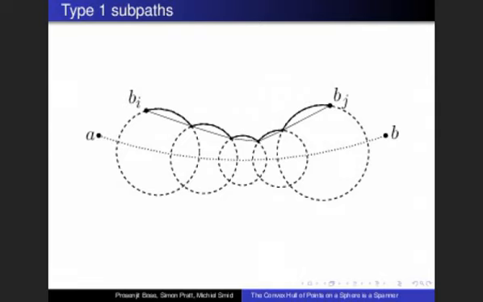That path along those arcs is upper bounded by the union of those boundaries of the circles that we've created, that we've defined. And so that upper boundary is bounded by pi/2 times the distance between those endpoints. And so we have a nice bound on type 1 subpaths.